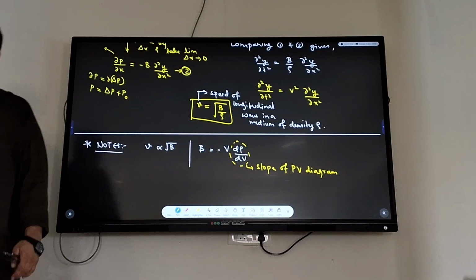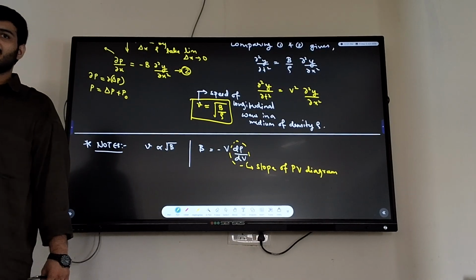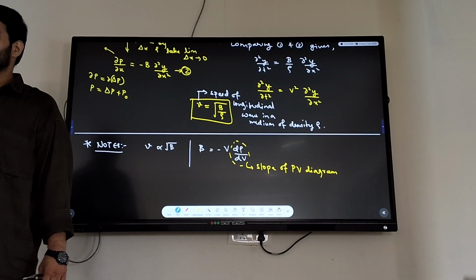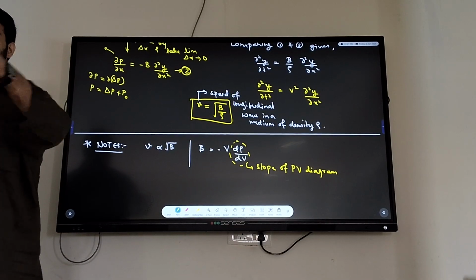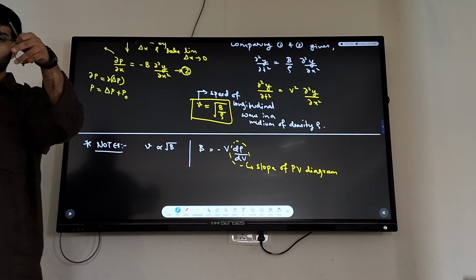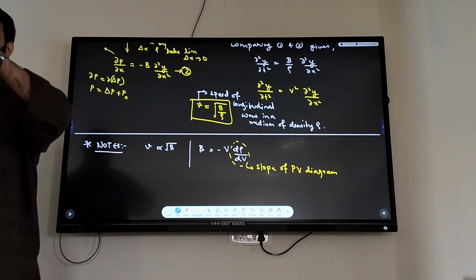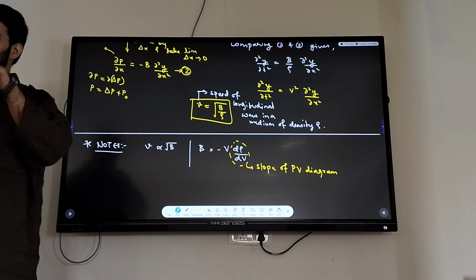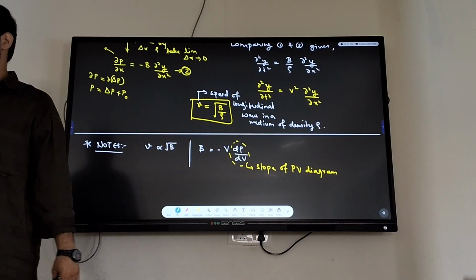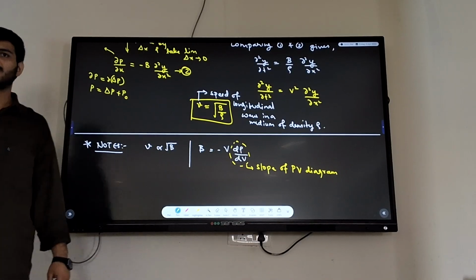It depends on the process that you are talking about. If you take an isothermal process, the PV diagram will be different and the slope of the curve will be different. If you take an adiabatic process, the slope of the curve will be different. If you take an isobaric process, its slope will be different. So the slope keeps on changing if you talk about different processes. Yes or no?